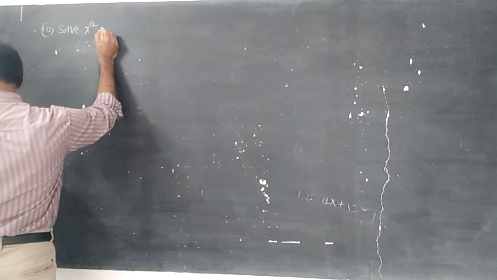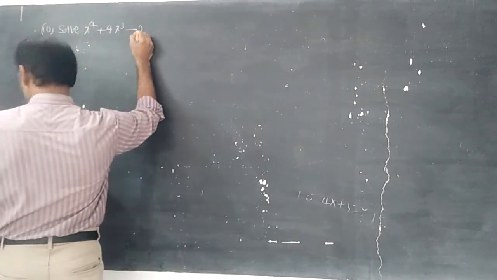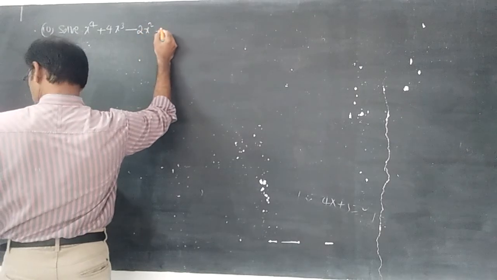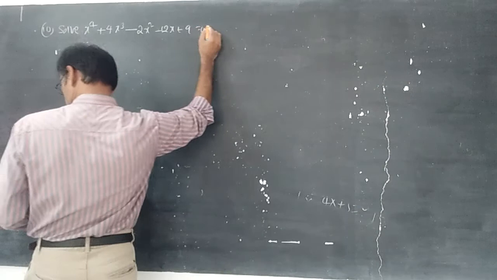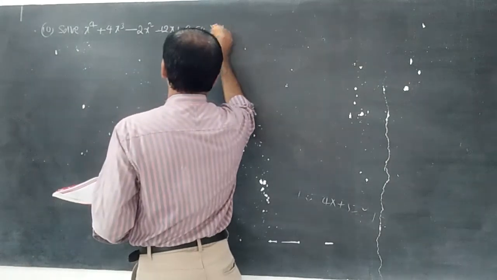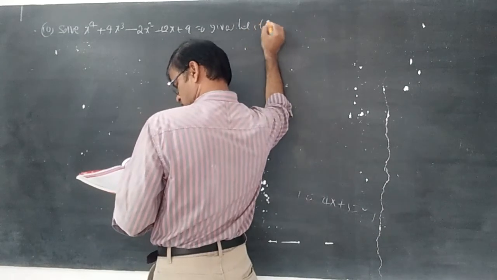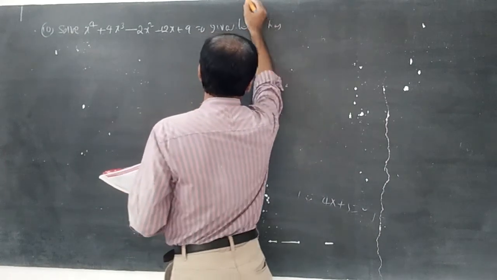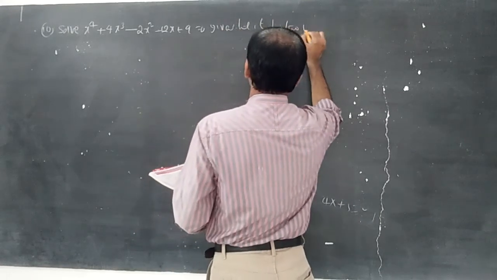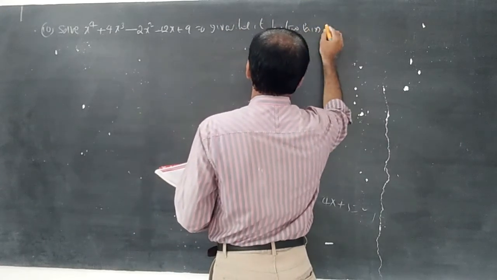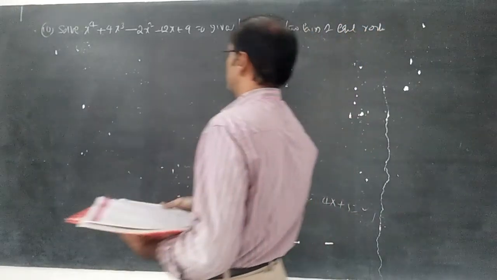Solve x power 4 plus 4x cube minus 2x square minus 12x plus 9 equal to 0. Given that it has two pairs of equal roots.